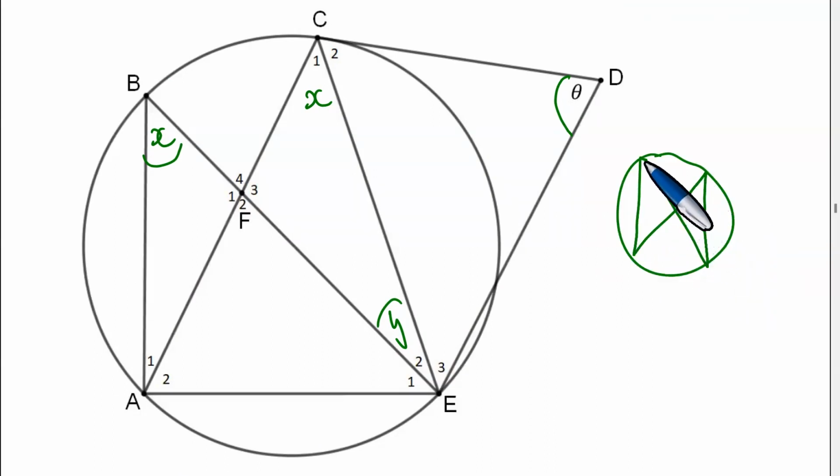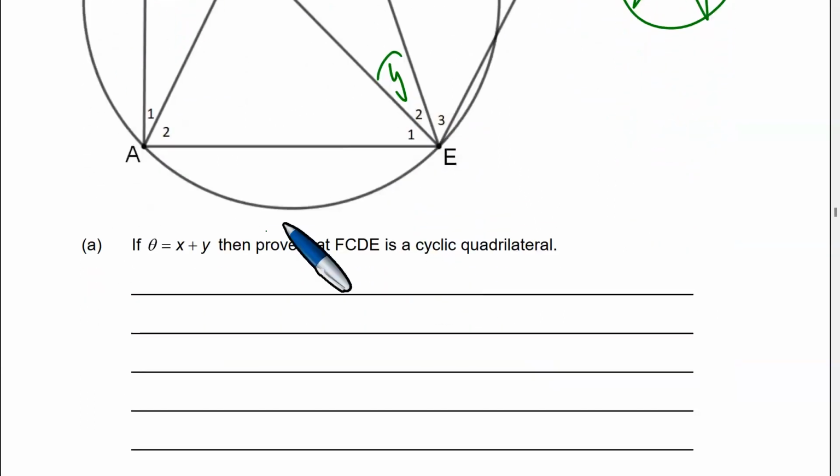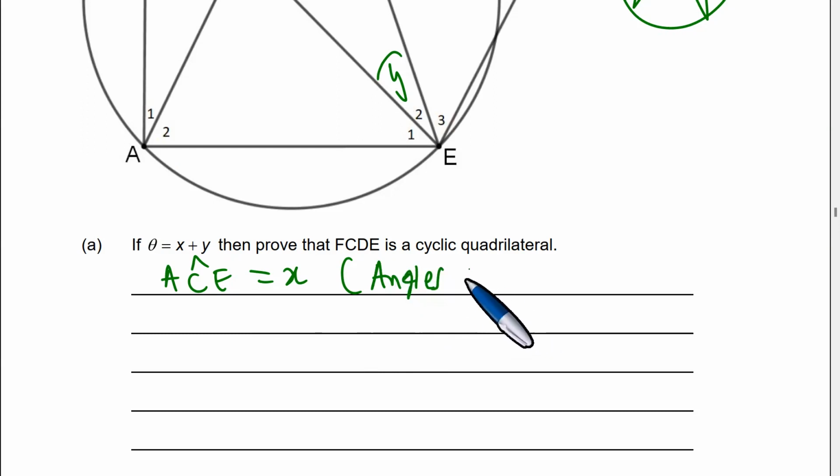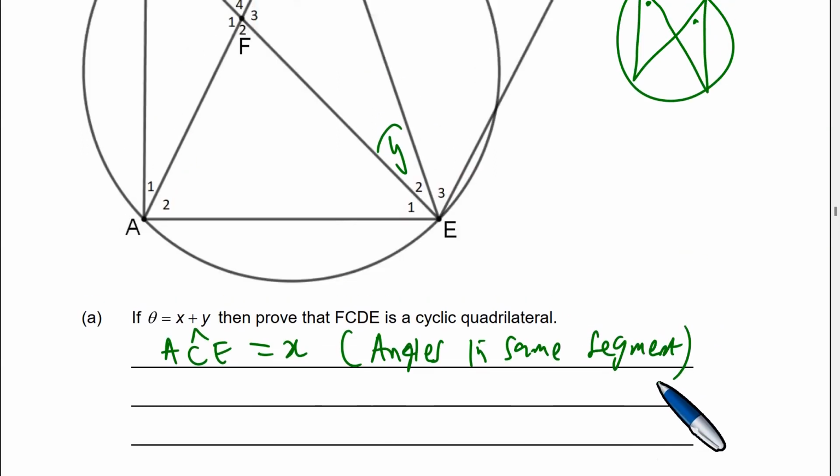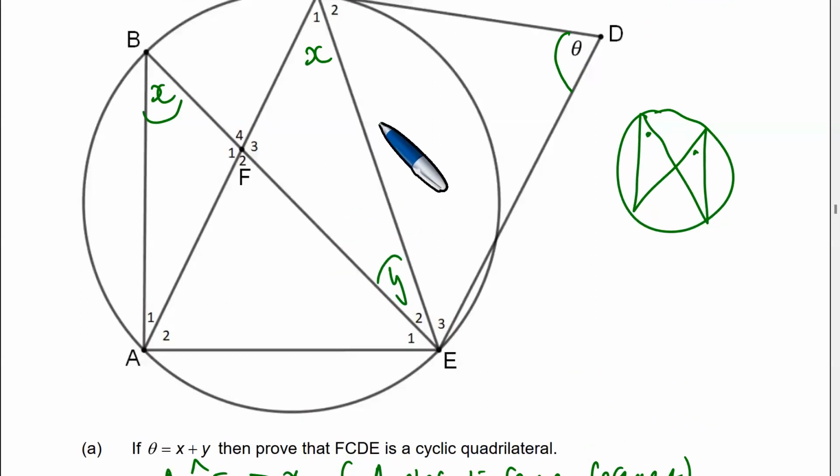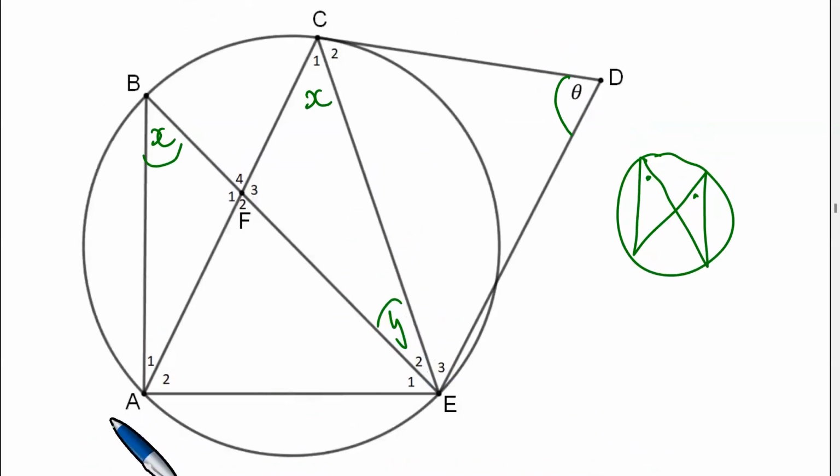So ACE is equal to X. These are angles in the same segment.